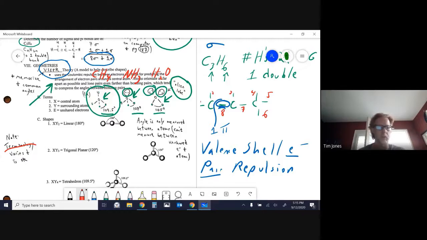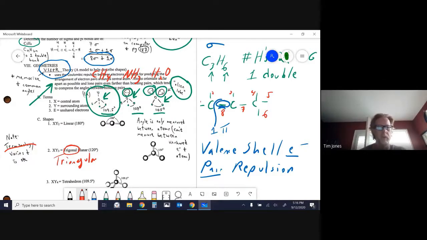Some people say triangular planar, or in this case, trigonal planar. I often say triangular, angular, instead of trigonal. And you can use either one, whichever one works for you. So just kind of go along with whatever the terms are.